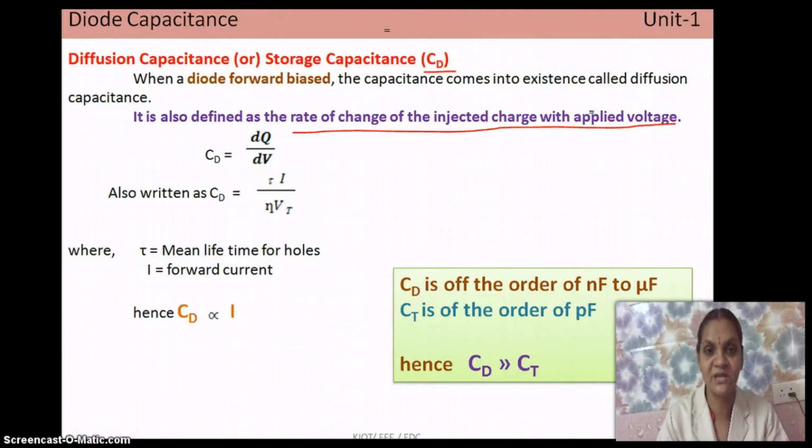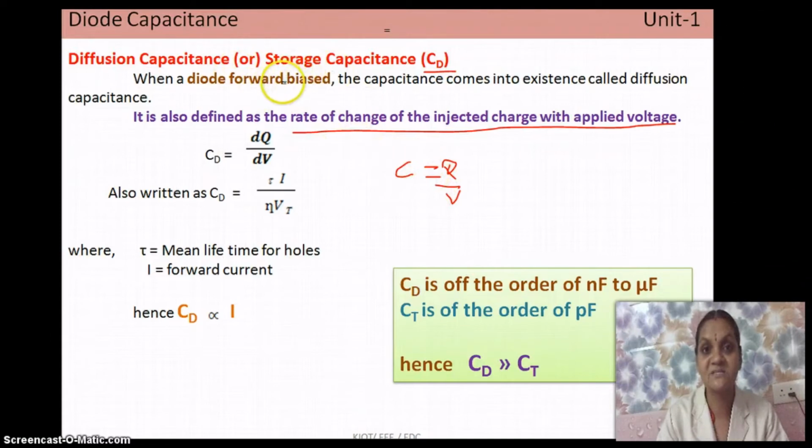The formula for capacitance is C equal to Q by V, where Q is the charge on the plate and V is the applied voltage.